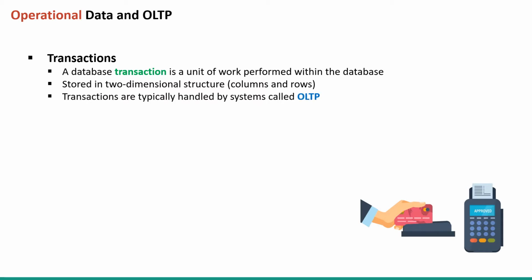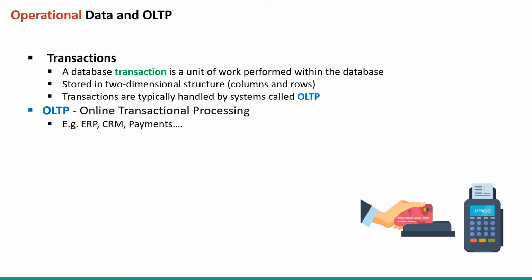Transactions are typically handled by a system called OLTP, online transactional processing. As an example, an ERP system, being used in many organizations that handles inventory data, is an OLTP system. This ERP system uses a database optimized for OLTP operation.